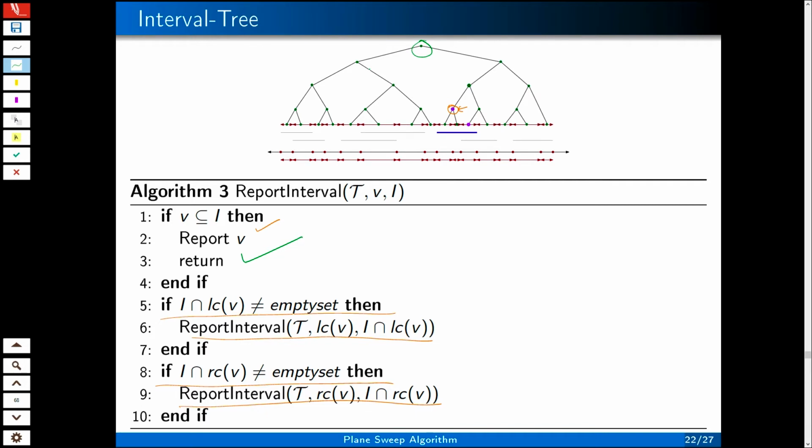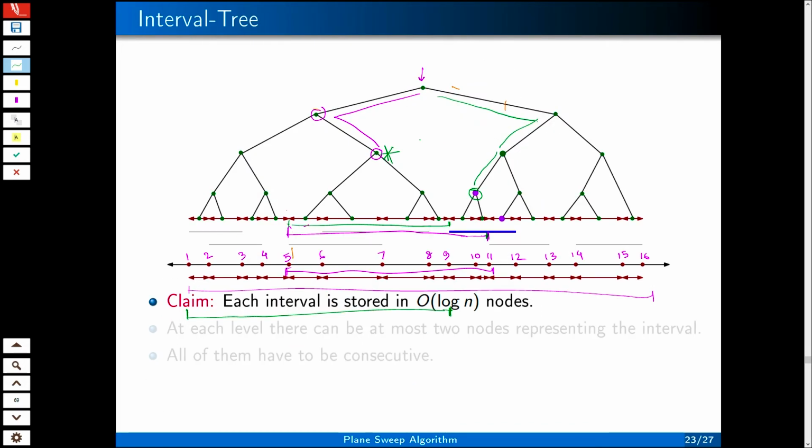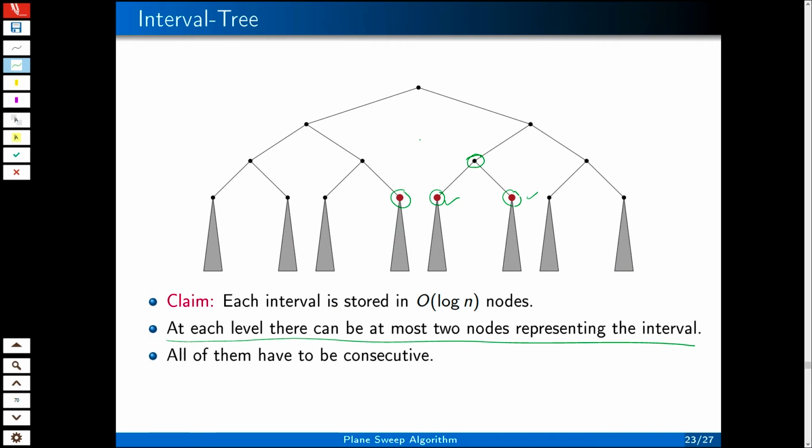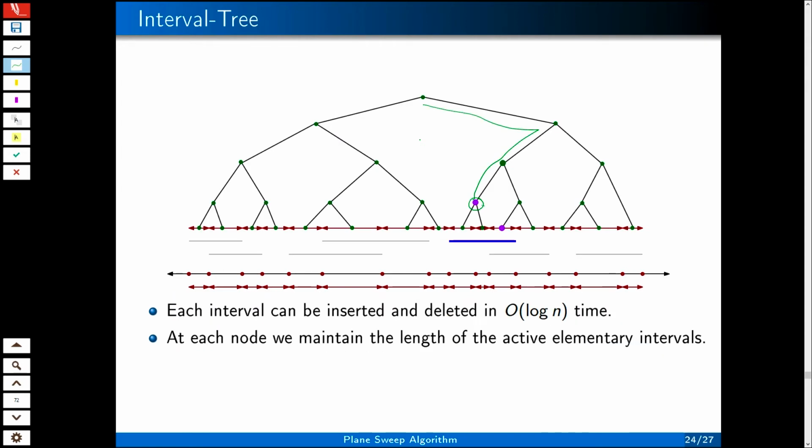If it's on both sides, we go both sides. If it's one side, I go to one side. And find the intersection. Then we proved that any such interval will be stored in at most 2 log n places. And each such change in each vertex will change log n values. So together I have log square n changes for an insert and a delete operation.